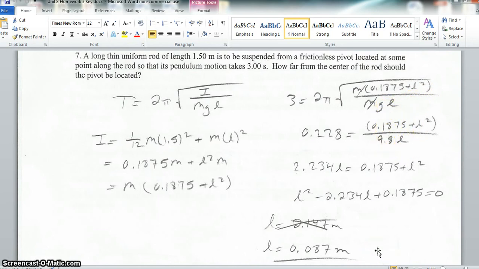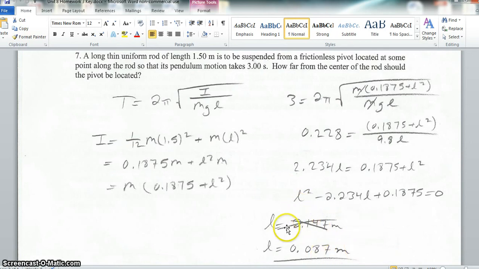At this point, we end up with a quadratic equation. So I had to multiply both sides by 9.8 L, and then I get 2.234 L equals 0.1875 plus L squared. I get everything to the same side, and then I do have to use the quadratic formula. When I solve it, I get two possible answers: either 2.147 meters or 0.087 meters.